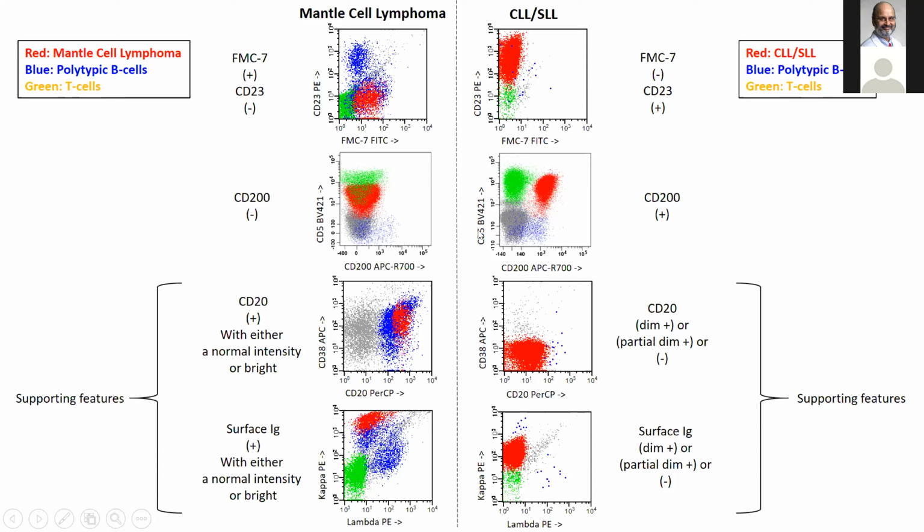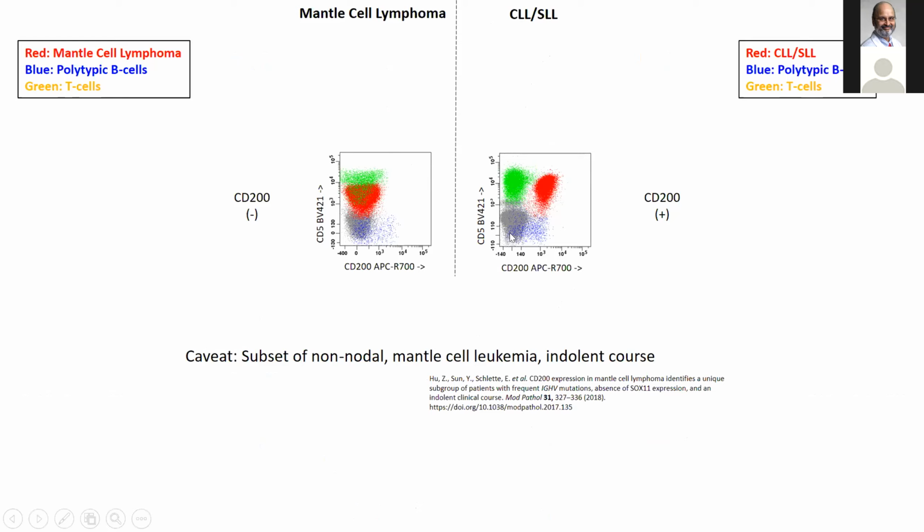Now, I just want to mention one caveat when we're talking about CD200. Because we're using CD200 to try to differentiate CLL versus mantle cell, it's very important to recognize that there is a subset of non-nodal mantle cell lymphoma, and these happen to have an indolent course, that actually express CD200. So it's really important, again, to look at the case all together and put all of your features together when you're coming up with your differential diagnosis.